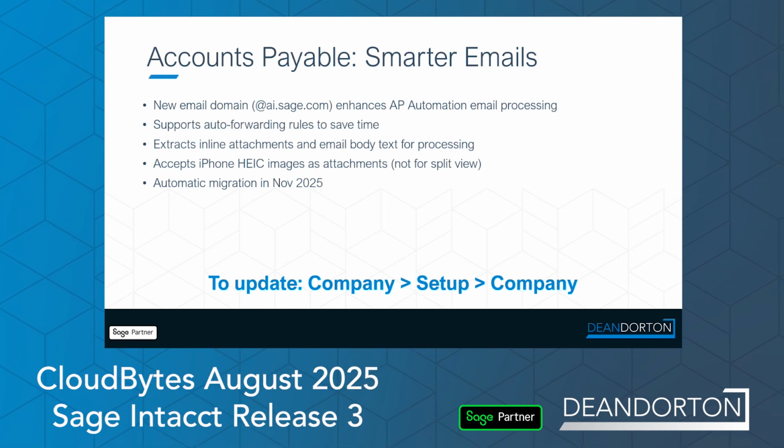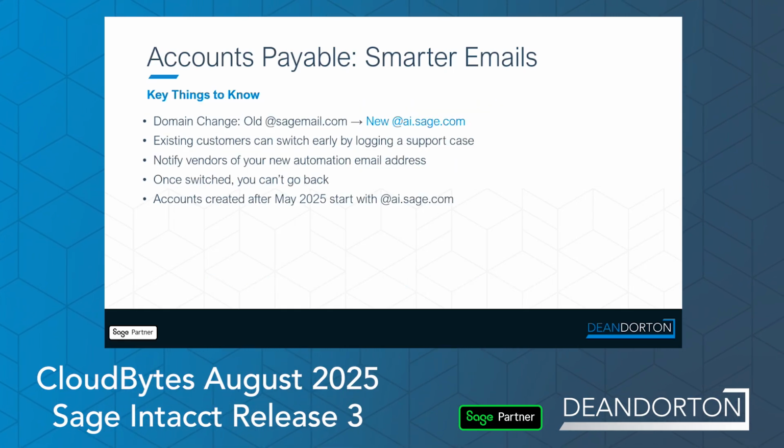If you want to update yours now, go to Company, Setup, Company, and you can see the area for the email domain and how to get all of that configured. So the old domain was sagemail.com. It's now ai.sage.com. That could be something to keep in mind if you have something such as ap@deandorton.com that's doing a forward.